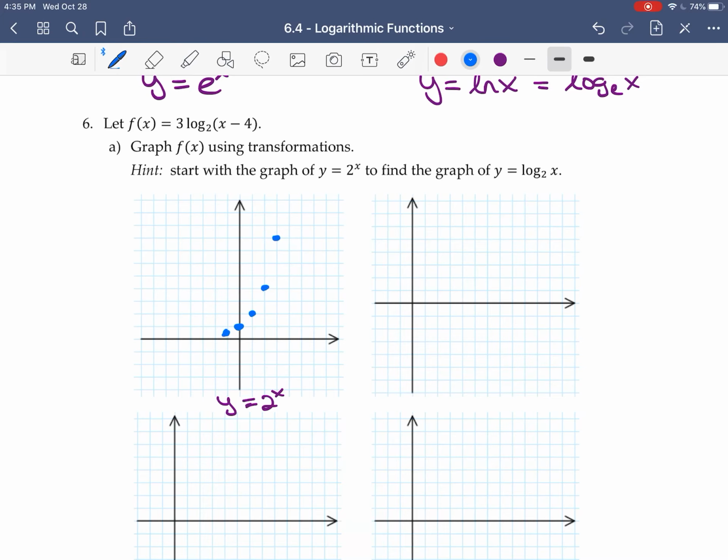Then I have my horizontal asymptote at y equals 0. The graph approaches that asymptote as x goes to minus infinity, and then grows infinitely as we go to positive infinity.